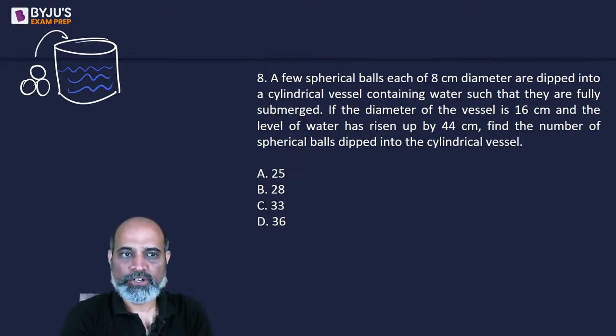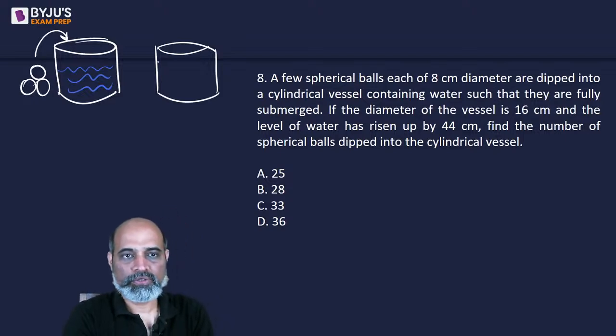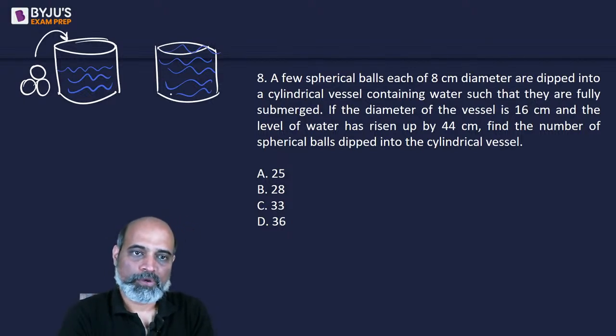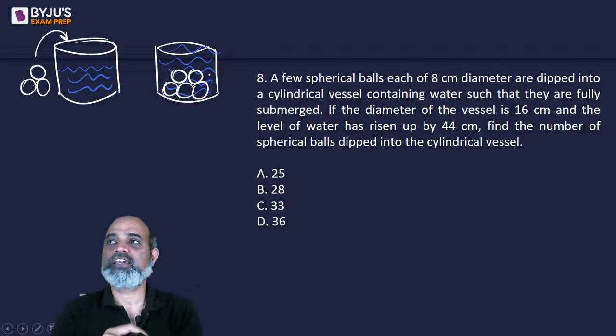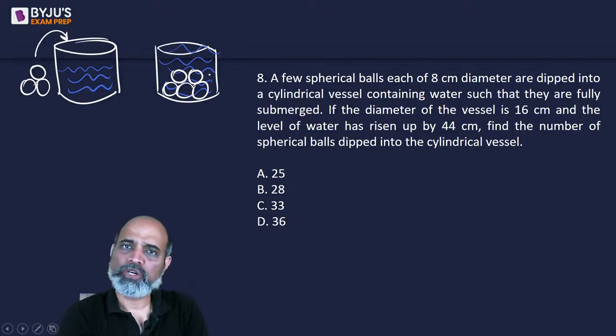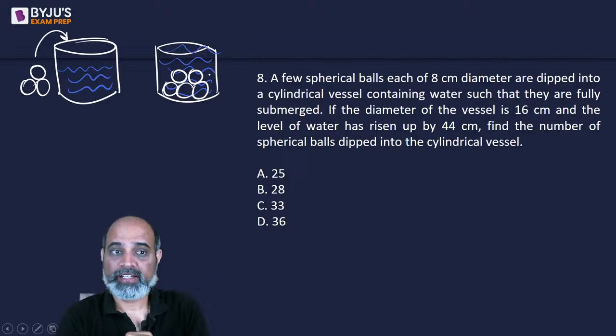Now once we are going to dip them, so what will happen is the volume of the water is going to rise धीरे धीरे करके such that it reaches the top, because now the spherical balls are inside. Now why will the water level rise? Does it have to do with the weight of the balls? No, it has to do with the volume, right?